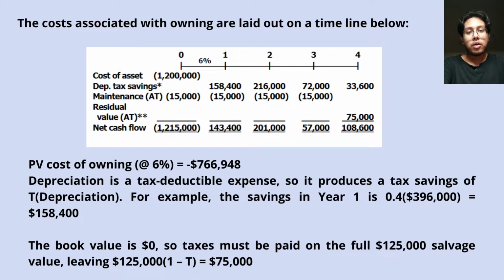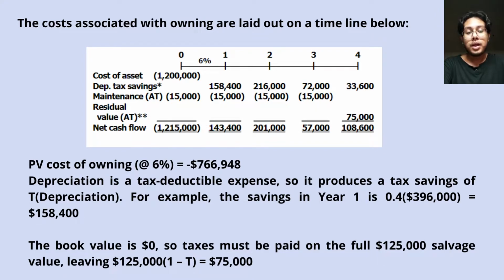To get the present value cost of owning, we need to discount the net cash flow at a 6% rate. By using the financial calculator and the uneven cash flow function at a 6% rate, we should get minus $766,948 for the present value cost of owning. Depreciation is a tax deductible expense, so it produces a tax saving of T times depreciation.